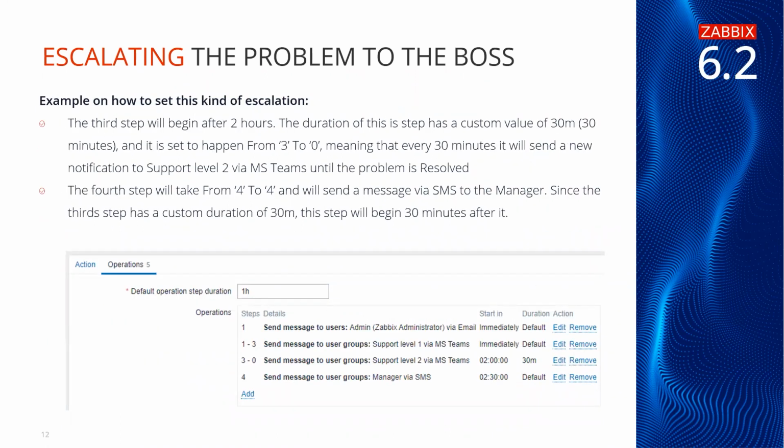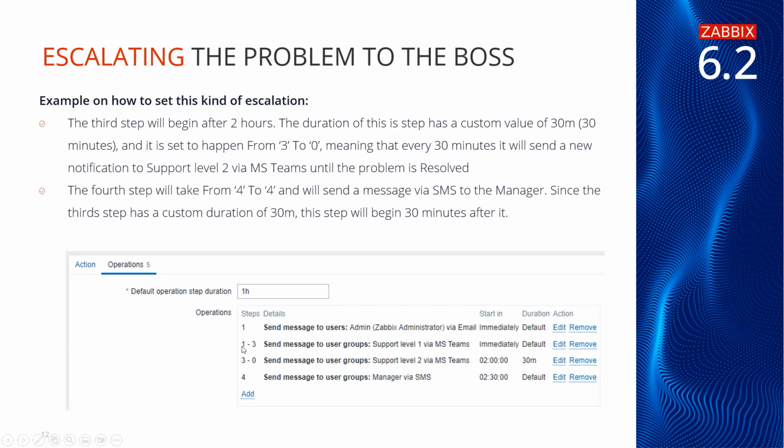But going on, I want that when the third step is being executed, it sends a final message to the support level 1, and I also want the support level 2 to be aware.